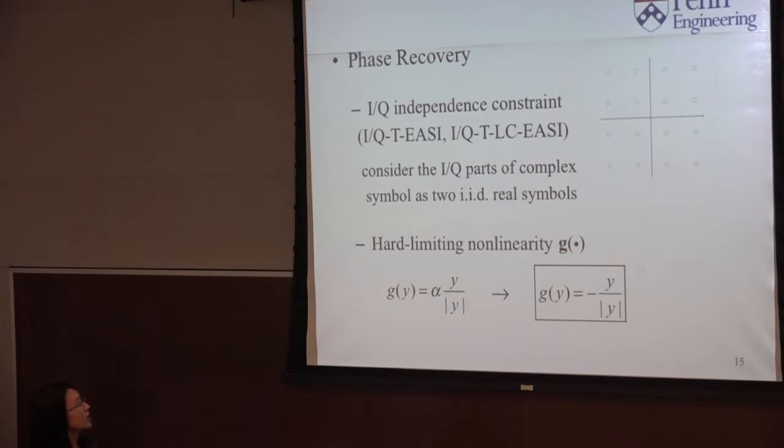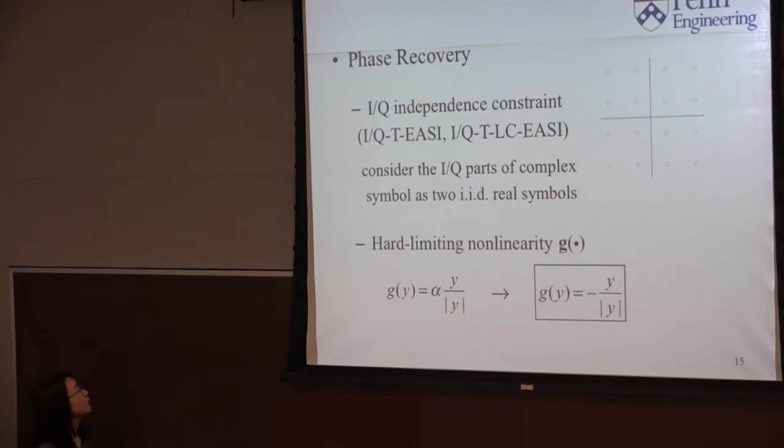When I say phase recovery, I mean that the phase ambiguity could be reduced to a multiple of pi over 2, because if we rotate by pi over 2, we cannot exactly tell the difference. But if the phase ambiguity is reduced to pi over 2, then we could address that with other schemes, which are easier.